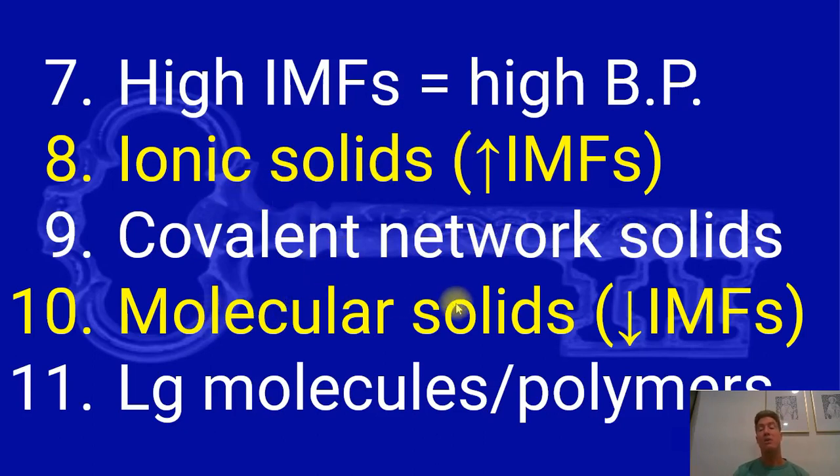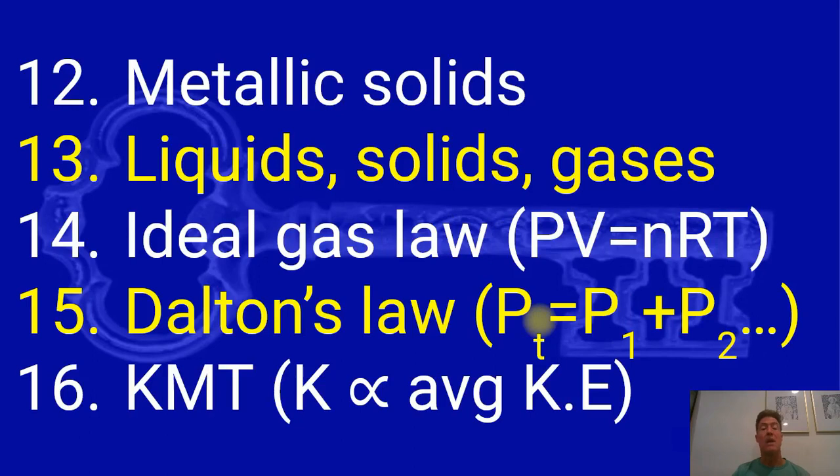But in general, molecular solids have low IMFs, therefore much lower boiling points and so on. We talked about large polymers and large molecules, how they fold and interact with other parts of themselves. We contrast that to metallic solids, which are like ions surrounded by a delocalized sea of electrons.